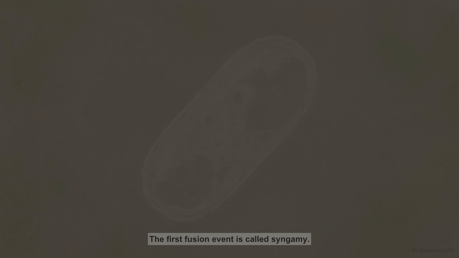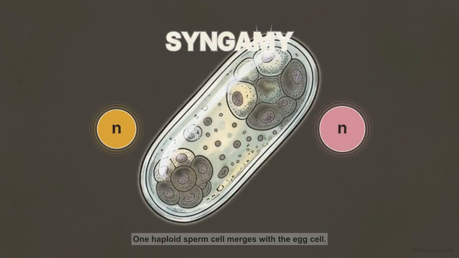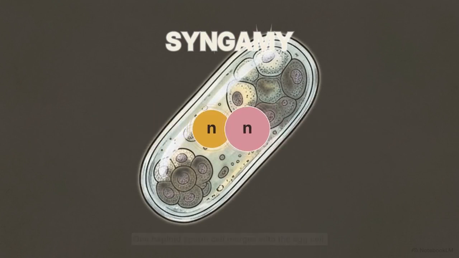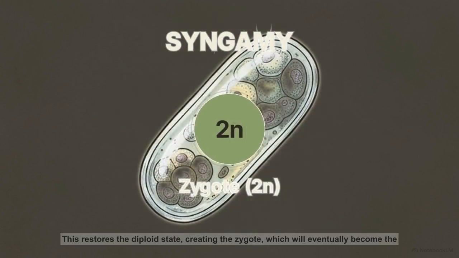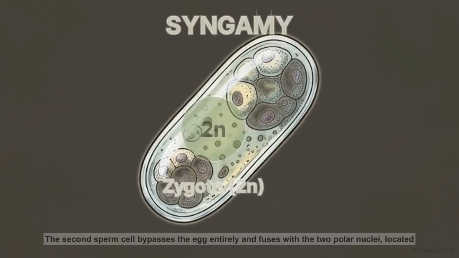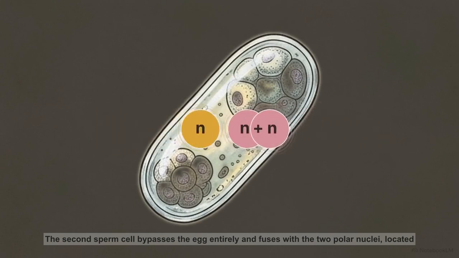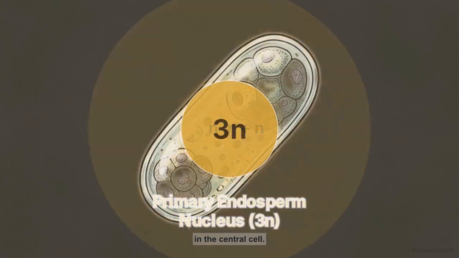The first fusion event is called syngamy. 1 haploid sperm cell merges with the egg cell. This restores the diploid state, creating the zygote, which will eventually become the plant embryo. The second sperm cell bypasses the egg entirely and fuses with the 2 polar nuclei located in the central cell.